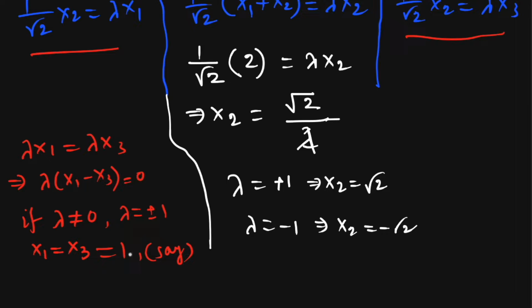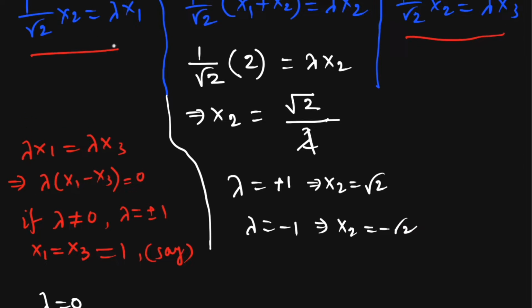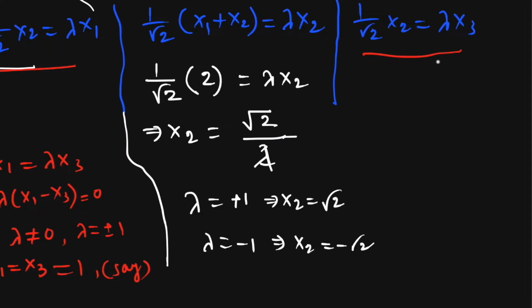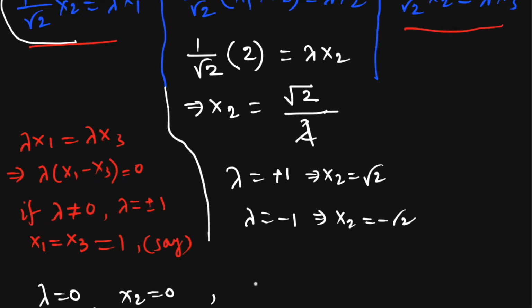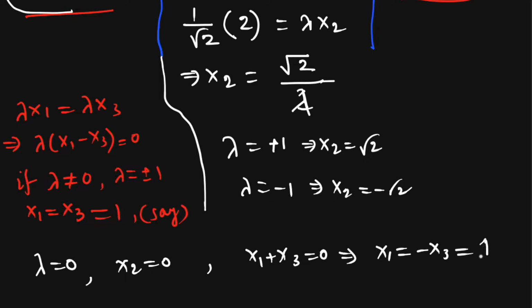Now let us calculate the eigenvector for lambda equal to 0. For lambda equal to 0, we simultaneously get from these equations that x2 will be 0, and from the other equation we get x1 plus x3 is equal to 0, which means x1 is equal to minus x3, suppose that is equal to 1.